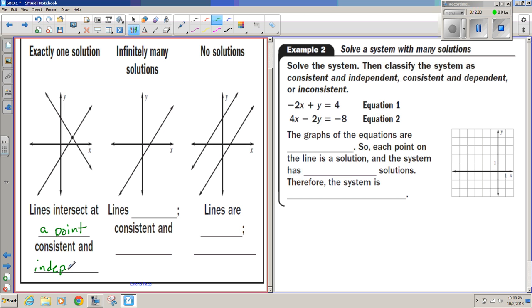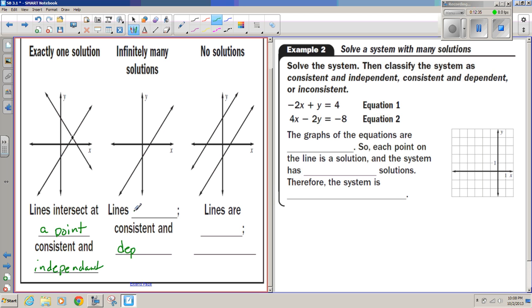If you go back to the definitions we did a couple times, you would see that if there's exactly one solution, then it's consistent, independent. Here, if the lines are the same, it means it's consistent and dependent.